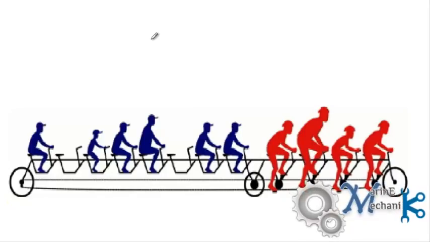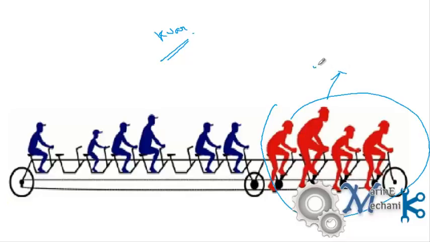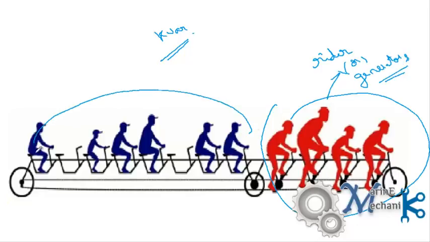Here is a simple picture which shows and enables one to understand the concept of KVAr again. There's a long bicycle, all connected together, and we have two groups. One group are the riders, or electrically we can call them generators on board our ships, and the other group is the loads, or just a group of people for sightseeing, let's say.